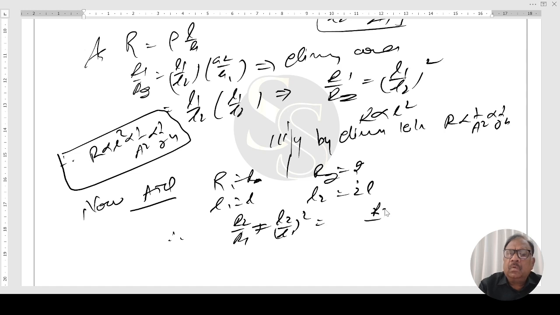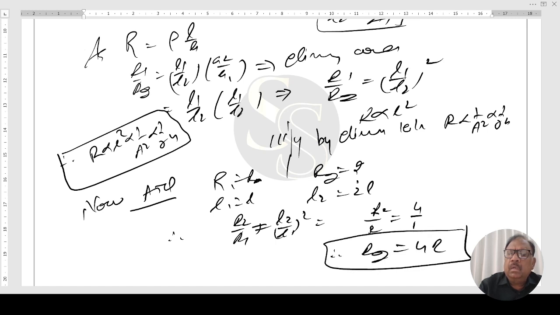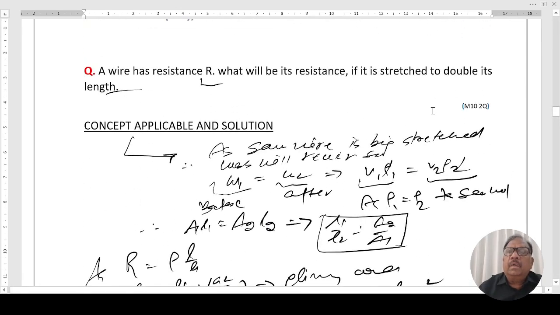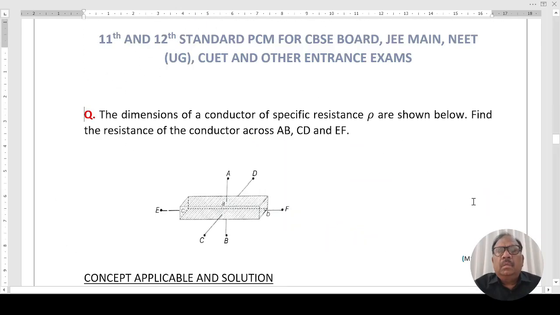That is R2 upon R equal to 4:1. Therefore, R2 equal to 4R. This is the answer. Right? Next question.